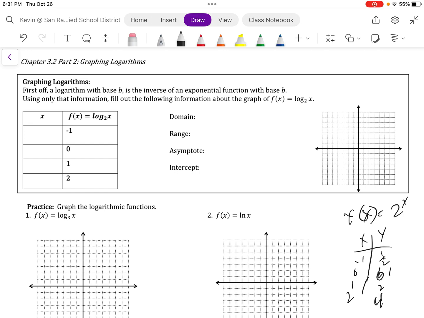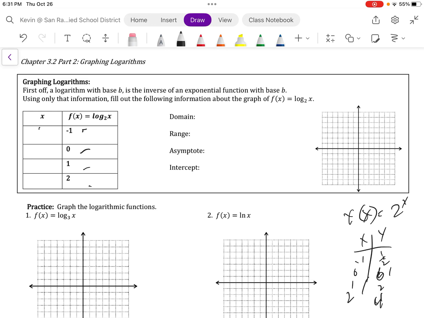Anyway, so now we're doing logarithms, the inverse, so we're going to switch the x and y values, right? So when we fill out the table for log, in this case log base 2 of x, we're going to first fill in the y values, negative 1, 0, 1, and 2. And then we're going to put in the x values.